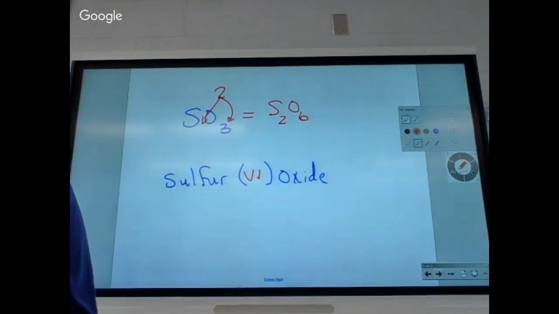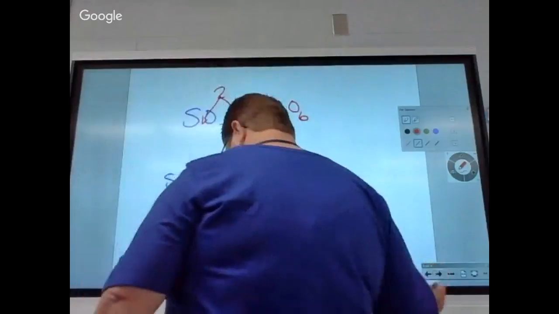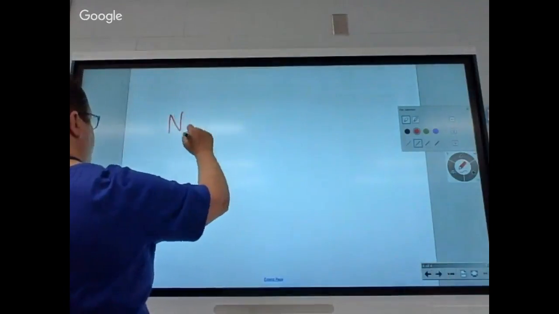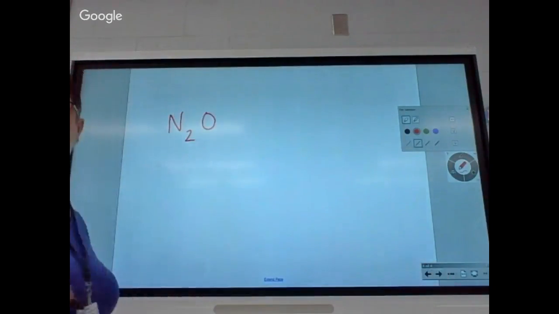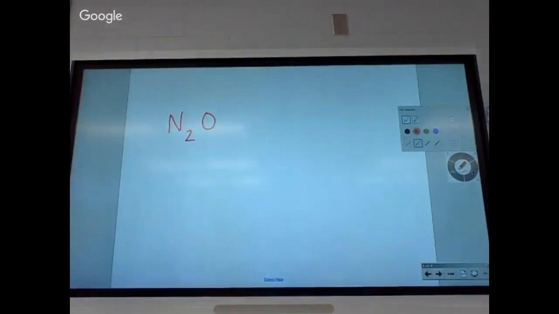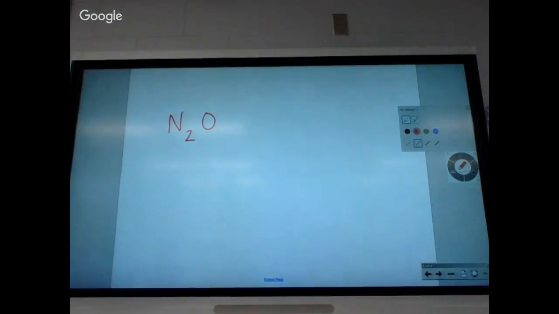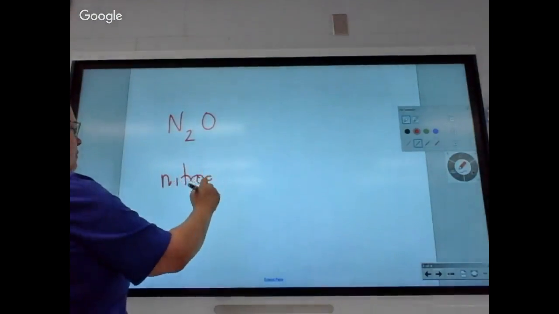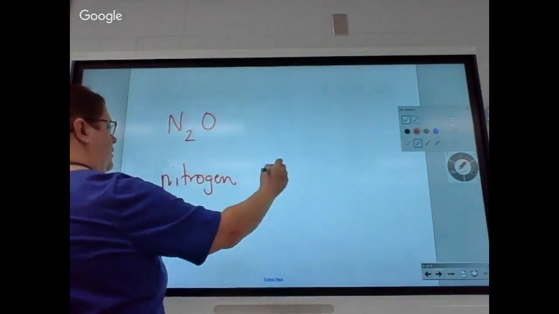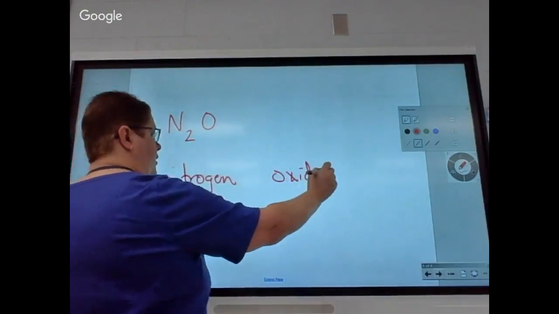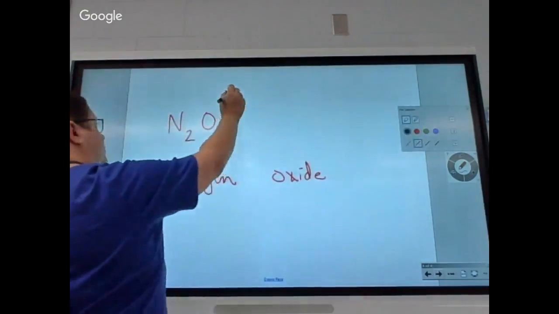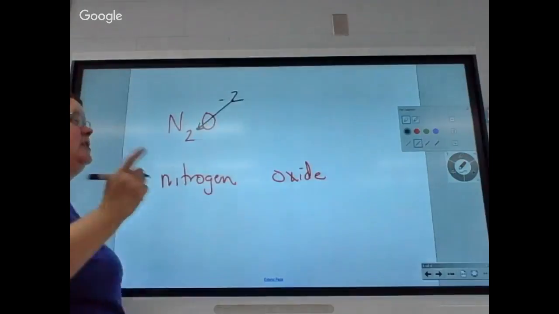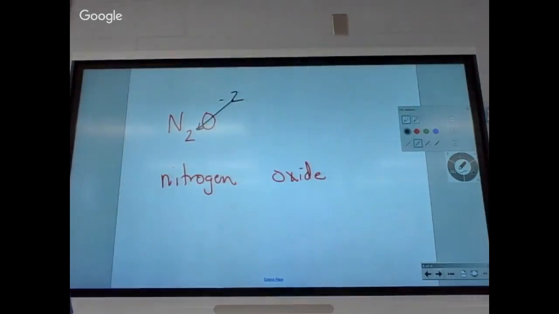5? All right, 5 is N2O. All right, so N is? Nitrogen. And then O is oxide. All right, and you told me O was a -2, which is good. Now, this one's different than the last two because what is there?